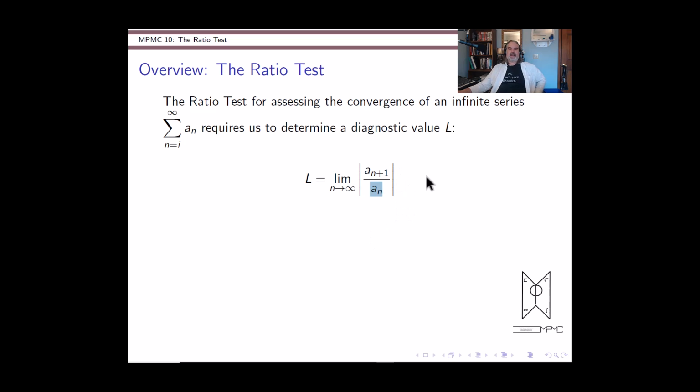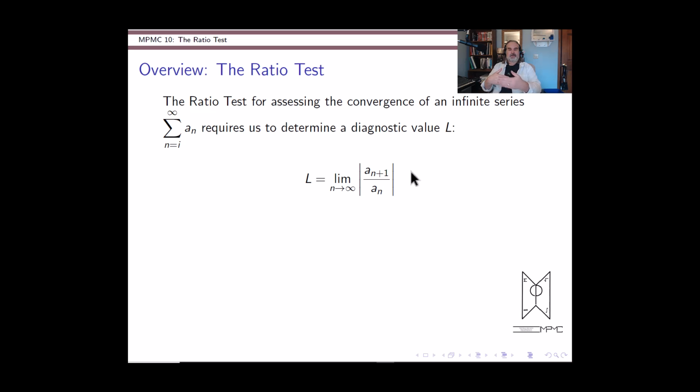Throw some absolute value bars on there so that any negative signs don't get in the way, and then run the limit as n goes to infinity. What this is doing is measuring whether or not the size of the subsequent terms as we get further out into the series are shrinking fast enough to get convergence. So a sub n is any term in the series that we've stopped at. a sub n plus 1 is the next subsequent term in the series.